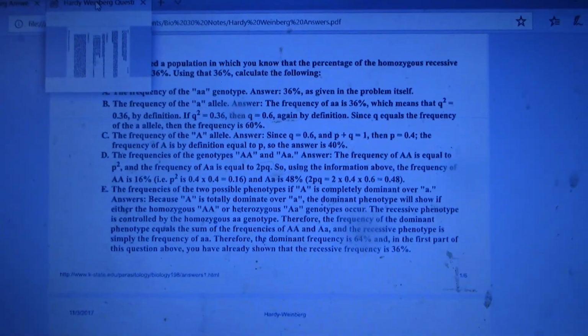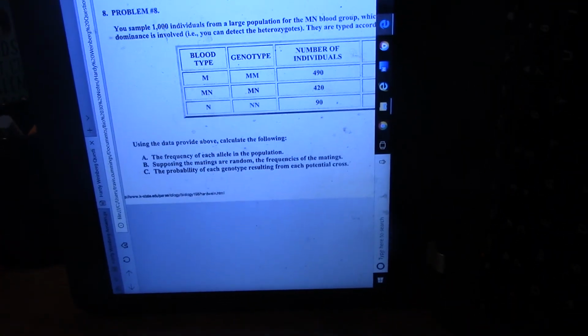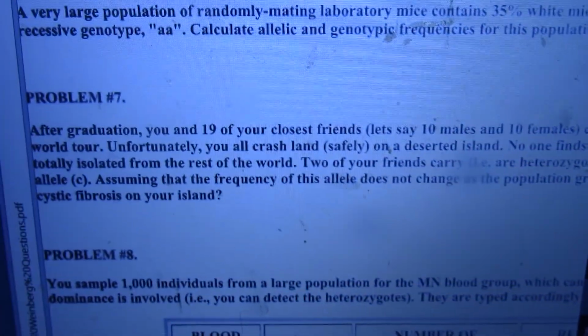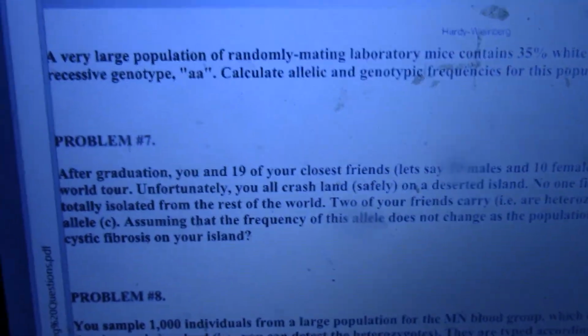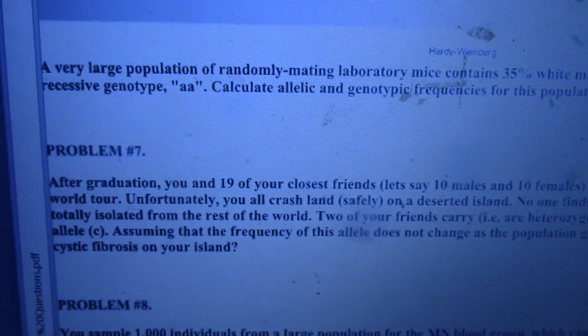I'm going to give you another assignment to do for ecology based on poaching. We do these for practice because there will be quite a few on your ecology unit test. But this is a really good question. Problem number 7 in your Hardy-Weinberg problems that I've given you.